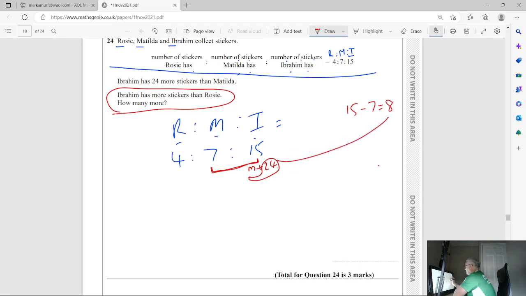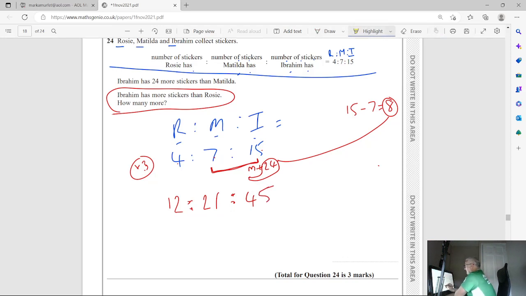Think of the link between these two. 3 times 8 gives me 24. So let's multiply all of these by 3. 4 times 3 gives me 12. 3 times 7 gives me 21. And 3 times 15 gives me 45.